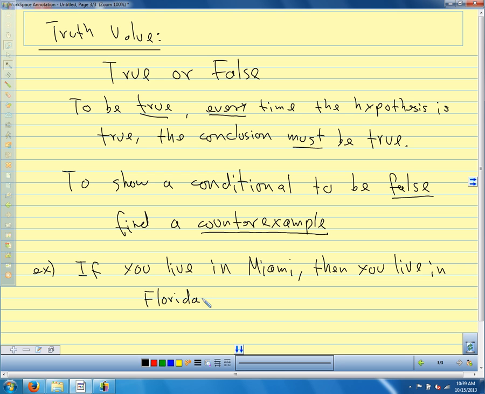Is this a true conditional statement? Jordan says yes. Everybody agree? So every time you live in Miami, you're living in Florida. So we could say yes, this is true.